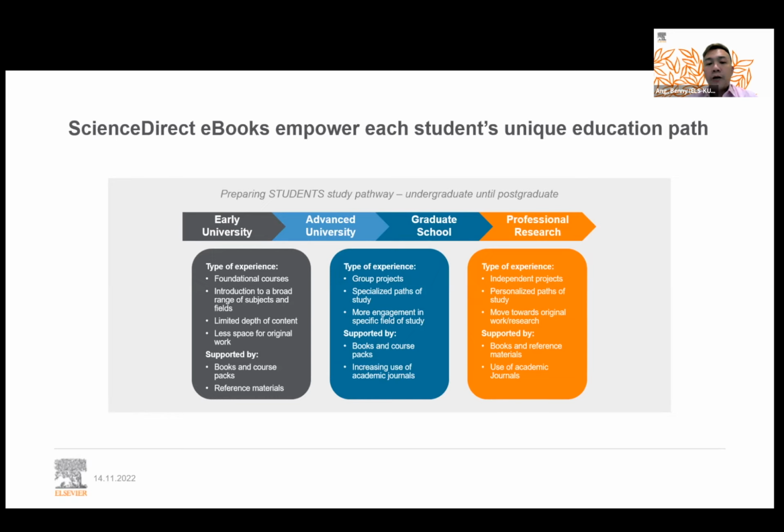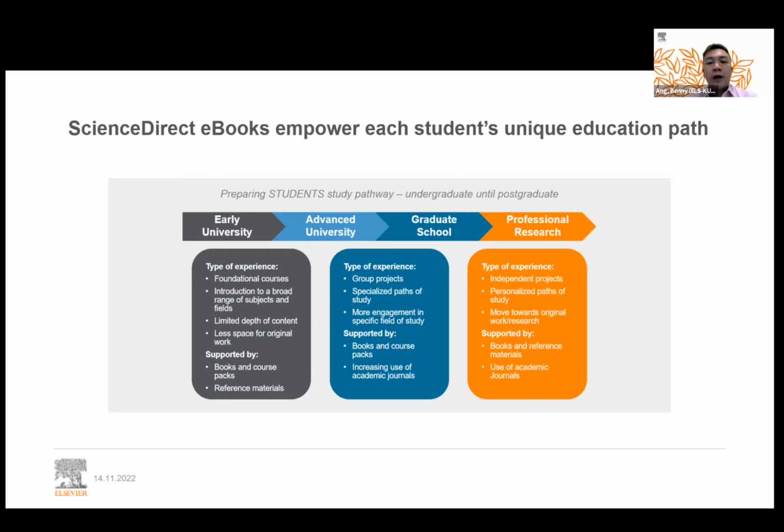And at this part of the time, it would be supported by the books and course pack as well from Science Direct, and would be starting to use up the database from Elsevier probably, involving academic journals, and slowly moving up to graduate school and professional research. It will be mostly focusing on independent projects, personalized path of study, move toward original works and research.